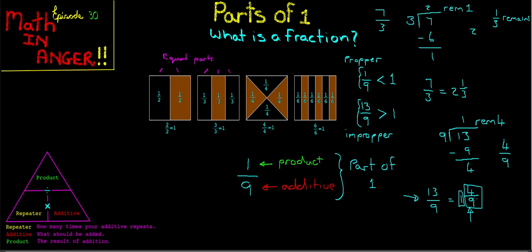I prefer saying 1 and 4 of 9 because it makes more sense. That then is about as much as anyone can say about what a fraction is and how to read it.